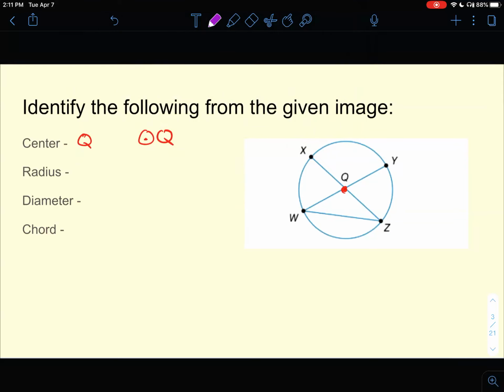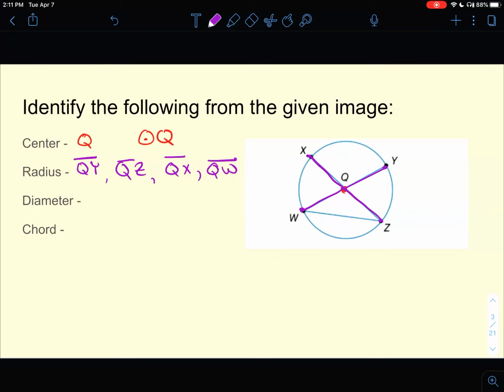So we have a radius from Q to Y, Q to Z, Q to X, and Q to W. These are all segments from the center Q out to the outer edge of our circle.